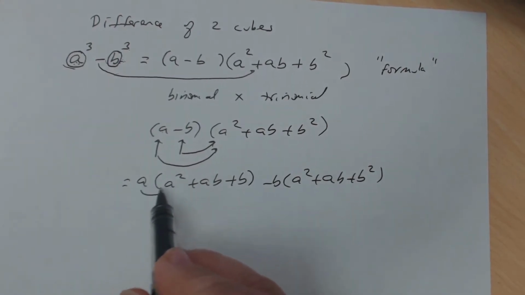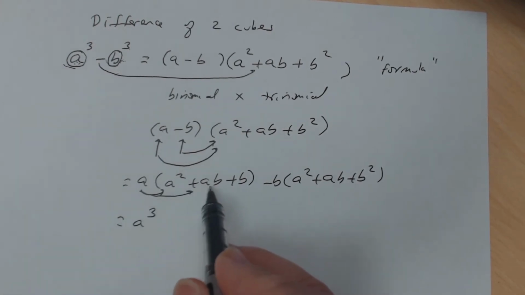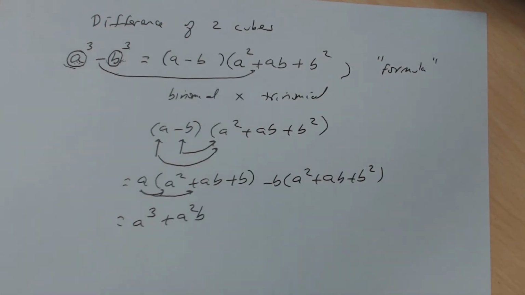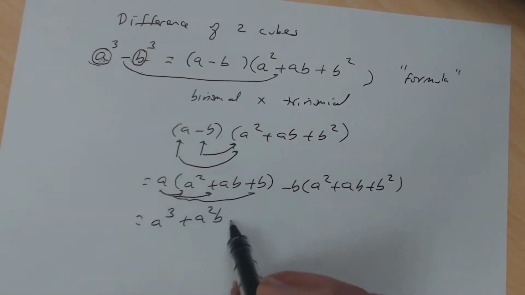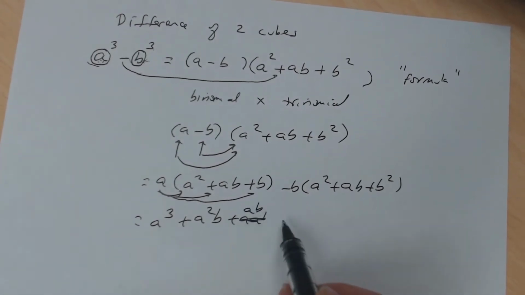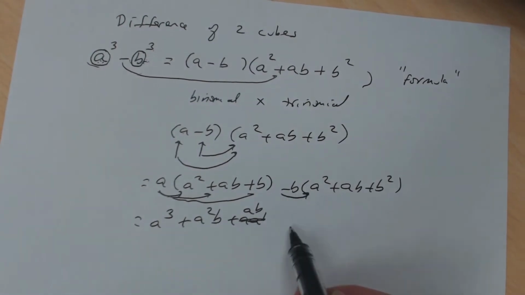So a times a squared is a cubed. A times ab is a squared b. A times a positive b is a positive ab.